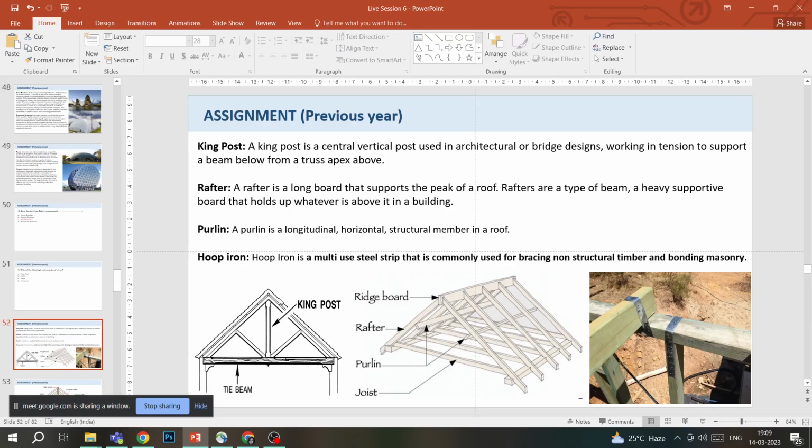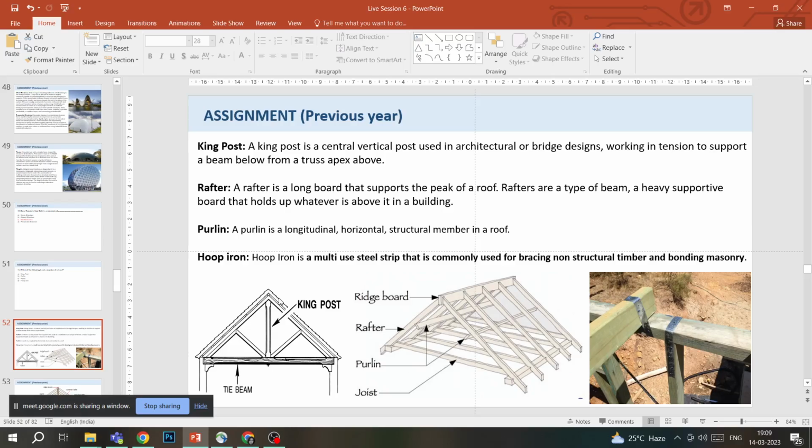So basically, there is a truss, a triangular truss. The central vertical post that is used in trusses is called a king post. Rafter. A rafter is a long board that supports the peak of a roof.